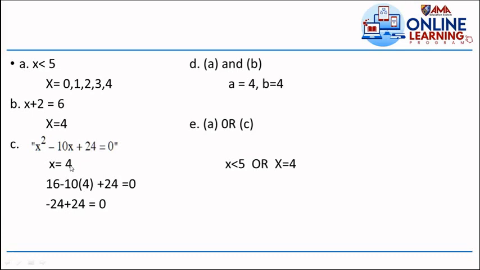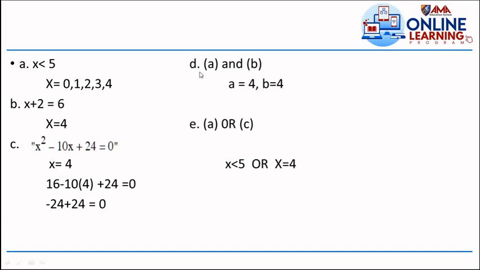So 4 squared is 16, minus 10 times 4, plus 24 is equal to 0. 16 minus 10 times 4, which is negative 40. So 16 minus 40, we have negative 24. Negative 24 plus 24 is equal to 0. Therefore, 0 is equal to 0.